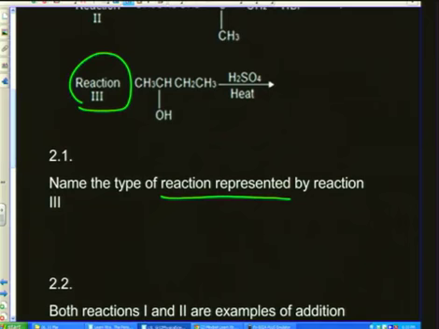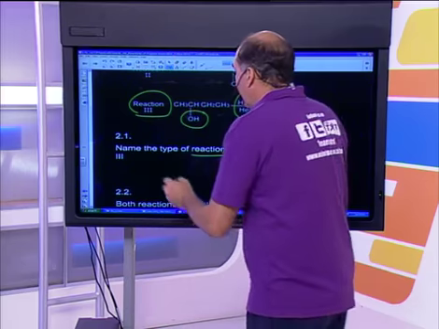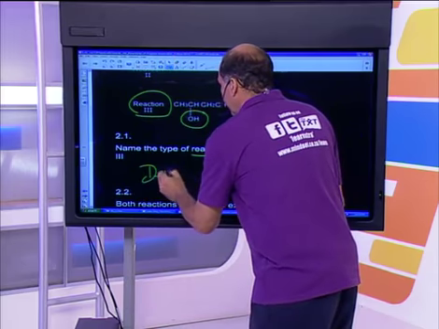We're given something that's got a hydroxyl in it, and it's sulfuric acid and heat. Sulfuric acid is an amazing acid, but it's a very powerful oxidizing agent as well as a very powerful dehydrating agent. In this case, it will undergo dehydration.